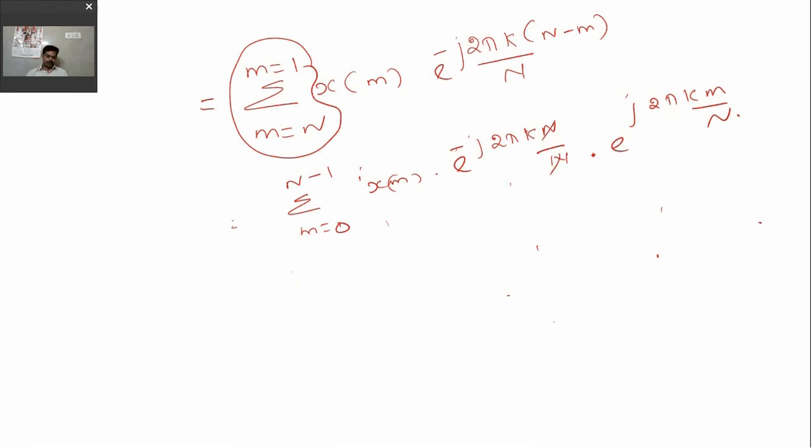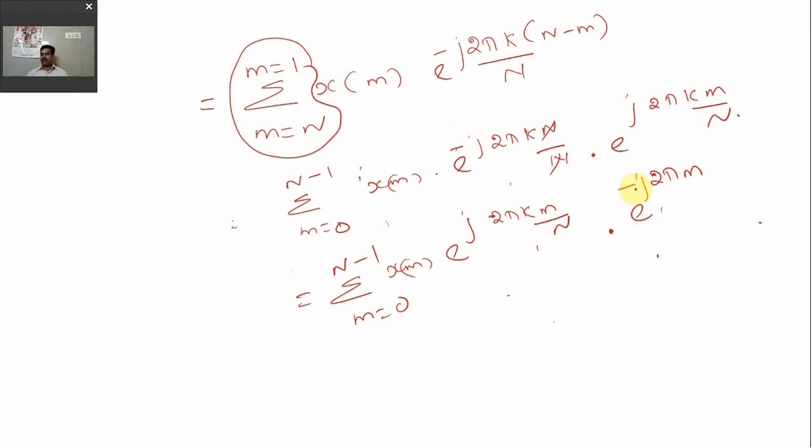Okay, so this value, e to the power minus j 2 pi k, is 1, and what you are getting is summation of m equal to 0 to N minus 1, x of m into e to the power j 2 pi k m by N. So to this term you are multiplying by e to the power minus j 2 pi m.